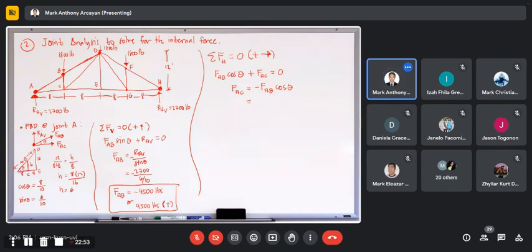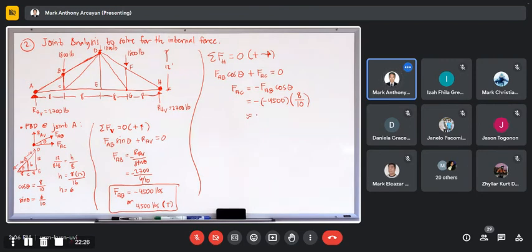In our computation, we got a negative value. So put negative times negative 4,500. Then cosine theta is 8 over 10. Evaluate 4,500 multiplied by 8 over 10.